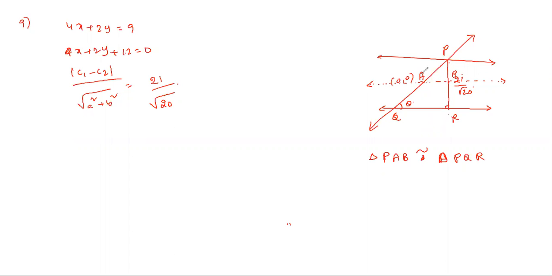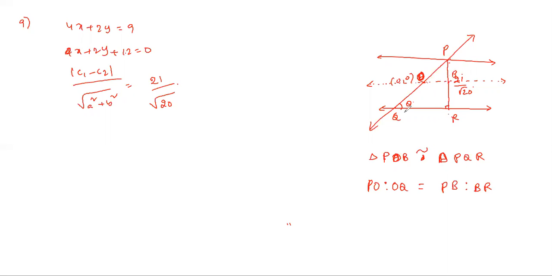So suppose the origin is given, let it be O. PO is to OQ is nothing but PB is to BR. Correct or not? Yes, sir.